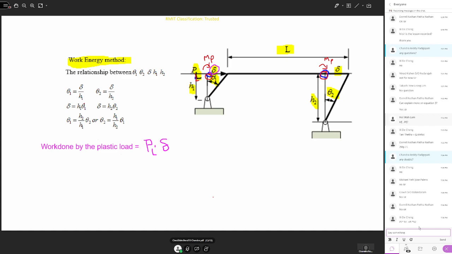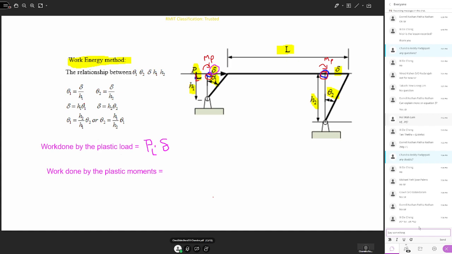Similarly, you can write down the work done by the plastic moments. Can someone tell me what will be the work done by the plastic moments? Plastic moment multiplied by the angular displacement.